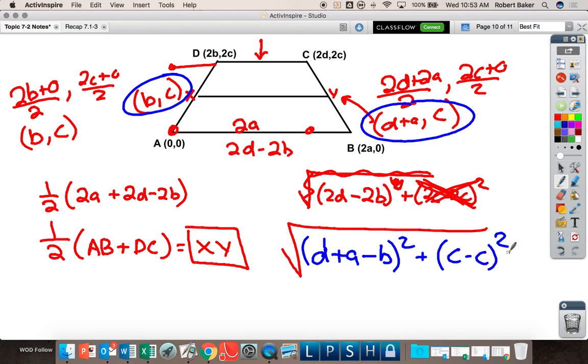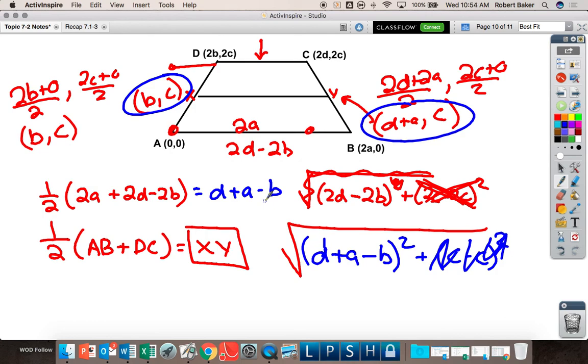What's C minus C? 0. The square root of this squared is what? That. Okay, here's the mic drop moment.